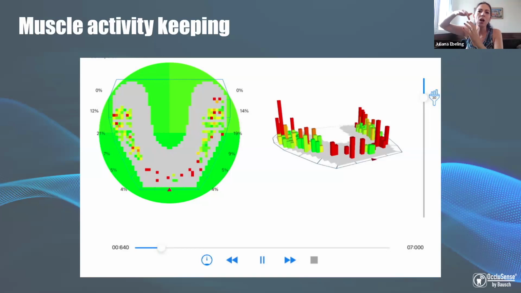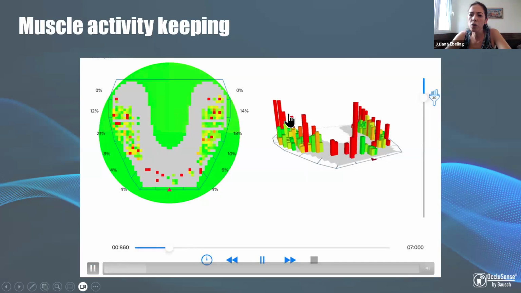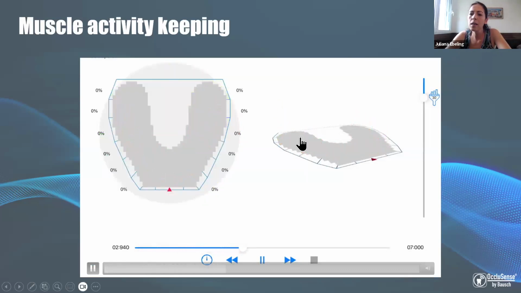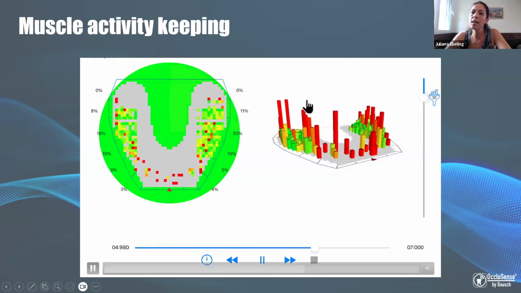The potential of the neurological information is not able to keep these contractions for a long time. And we can see that when we use OccluSense. Look that the contacts vary in their intensity, because this muscle, look, it's a dynamic registration.